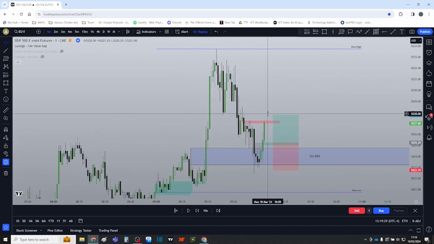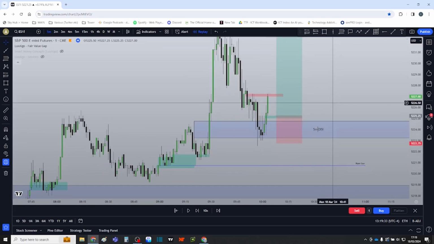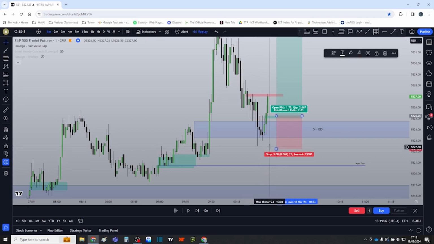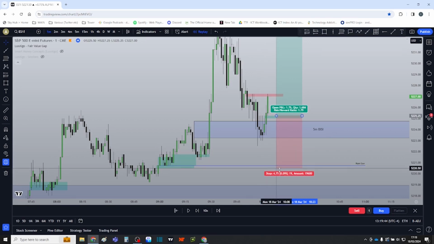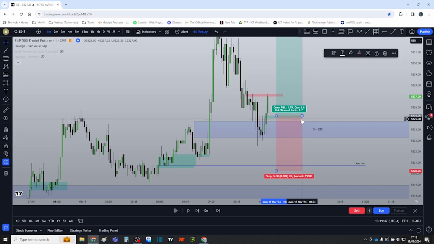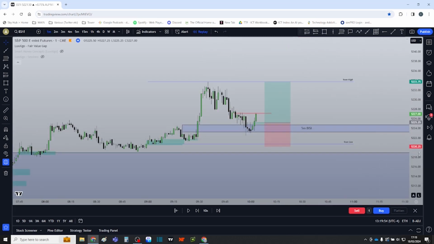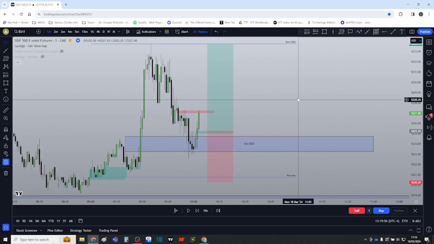My target will be the 9 a.m. high. For me, I need to cover at least the bottom of this price leg right there, but ideally I want to be down here below. So we're talking about 1.7 R, just as a framing of the idea. Let's see what happens, seeing how price responds.